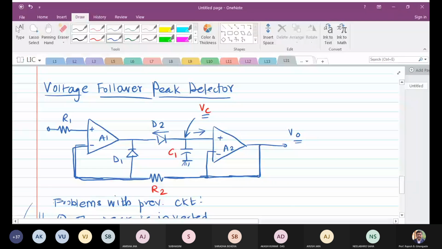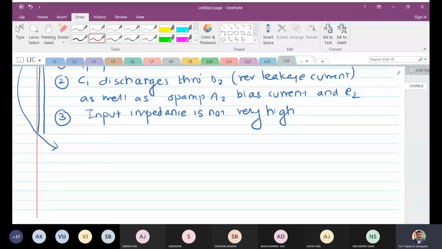If you look at this, it looks like a big voltage follower, isn't it? Are you able to understand this? So A1 and A2 together operate as a single voltage follower.